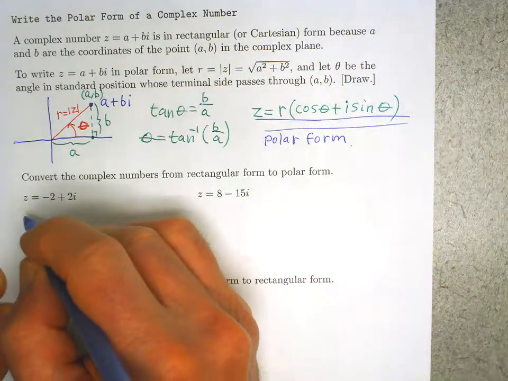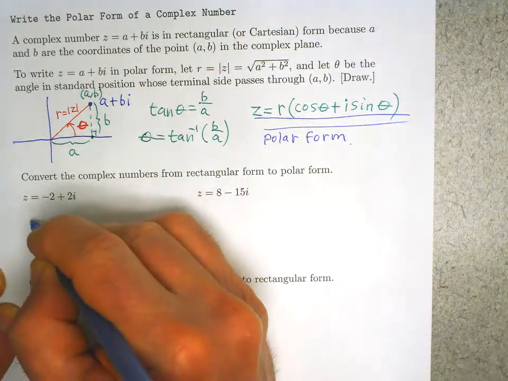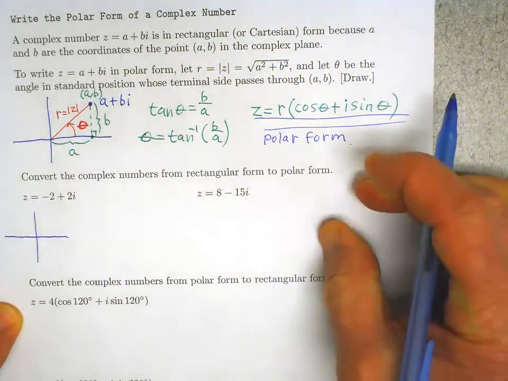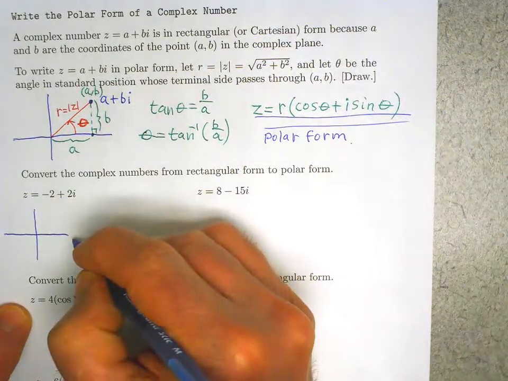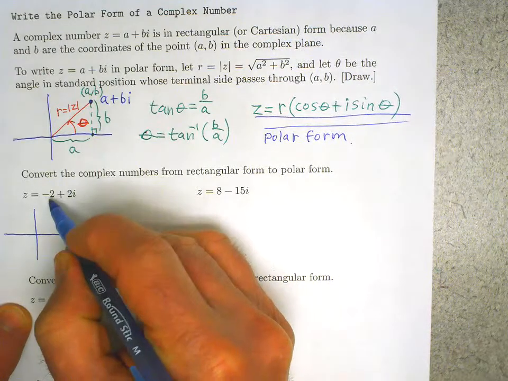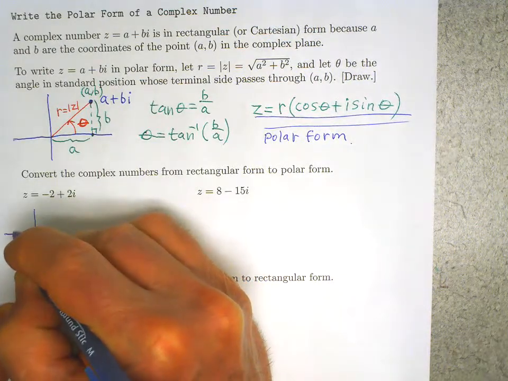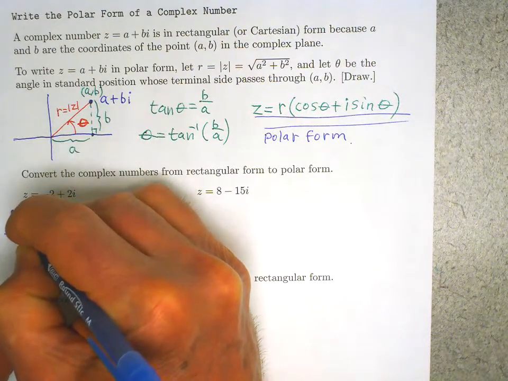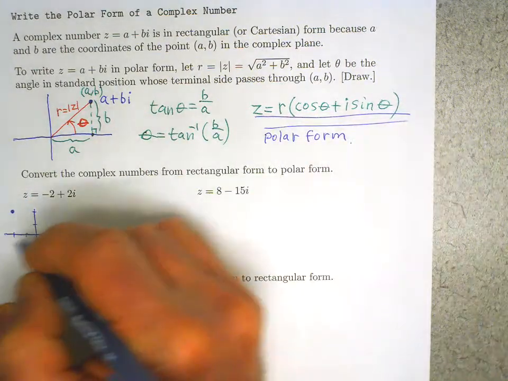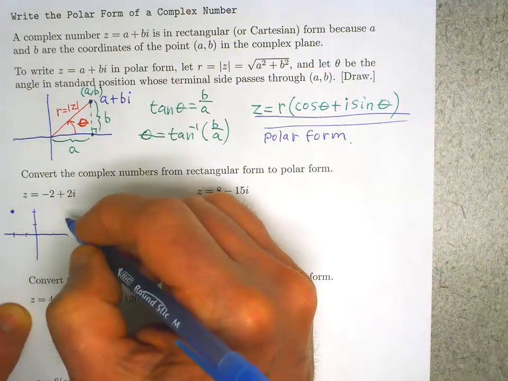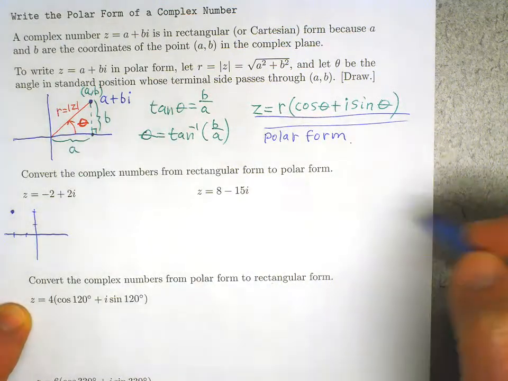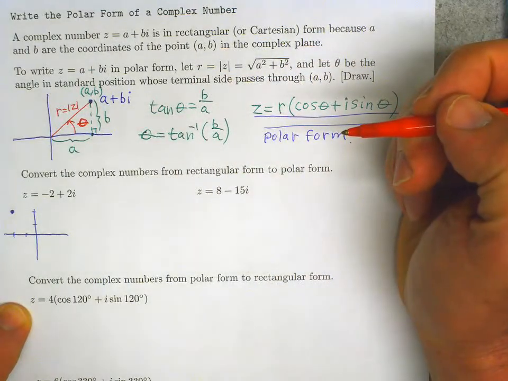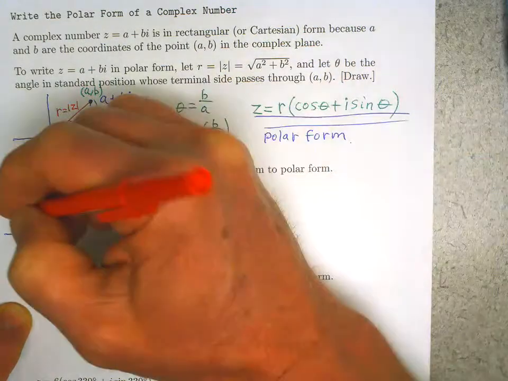So let's note where this complex number is. Where is it in the complex plane? So the real part is -2. The imaginary part is +2. So it's in the second quadrant. So we want to find the polar form.